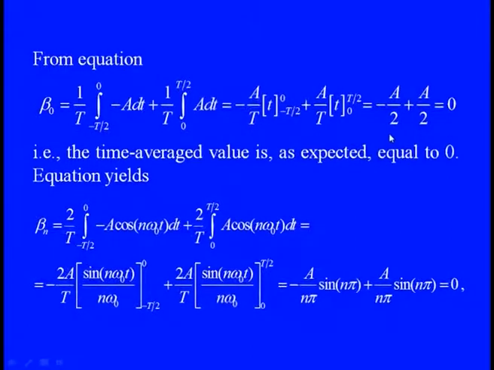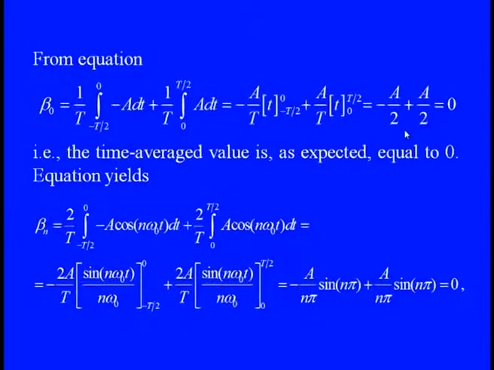That means the time average value of the signal, which is a squared wave, is equal to 0. Then we can go to beta n, which equals 2 by t integration from minus t by 2 to 0 of minus a cos n omega 0 t into dt, plus 2 by t integration from 0 to t by 2 of a cos n omega 0 t into dt.